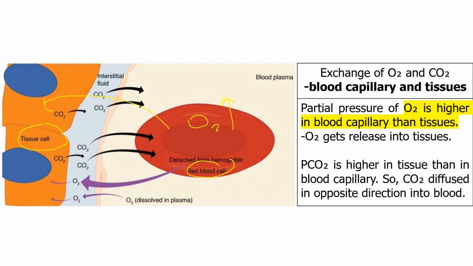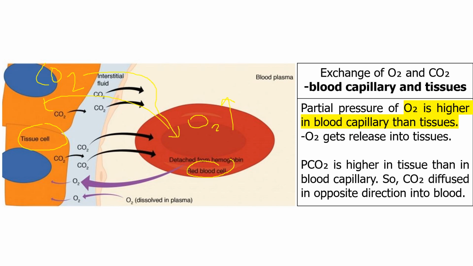This is due to the cells continuously using up oxygen in cellular respiration. At the same time, the partial pressure of carbon dioxide is higher in the tissue, so it will diffuse in the opposite direction to the blood.